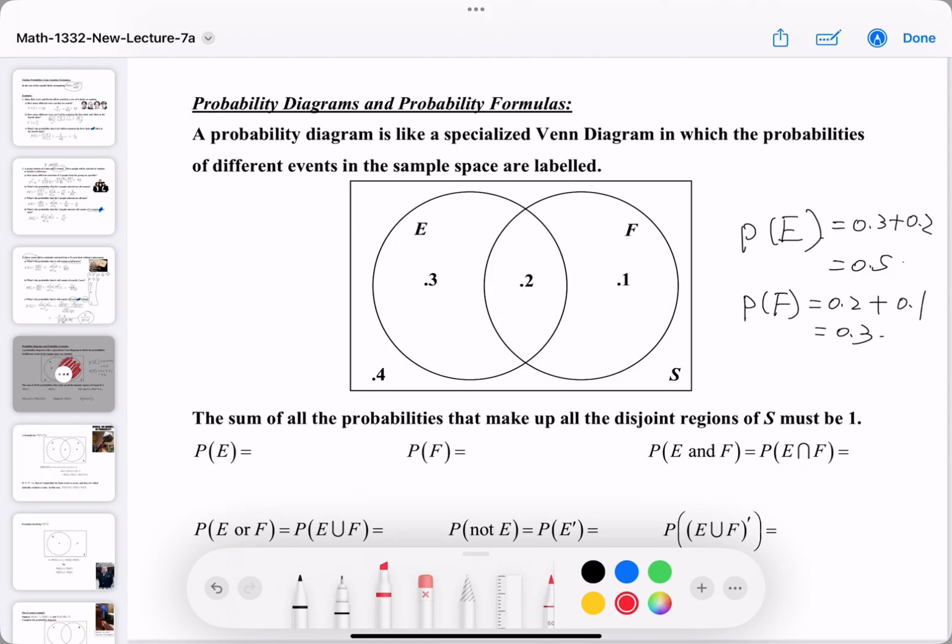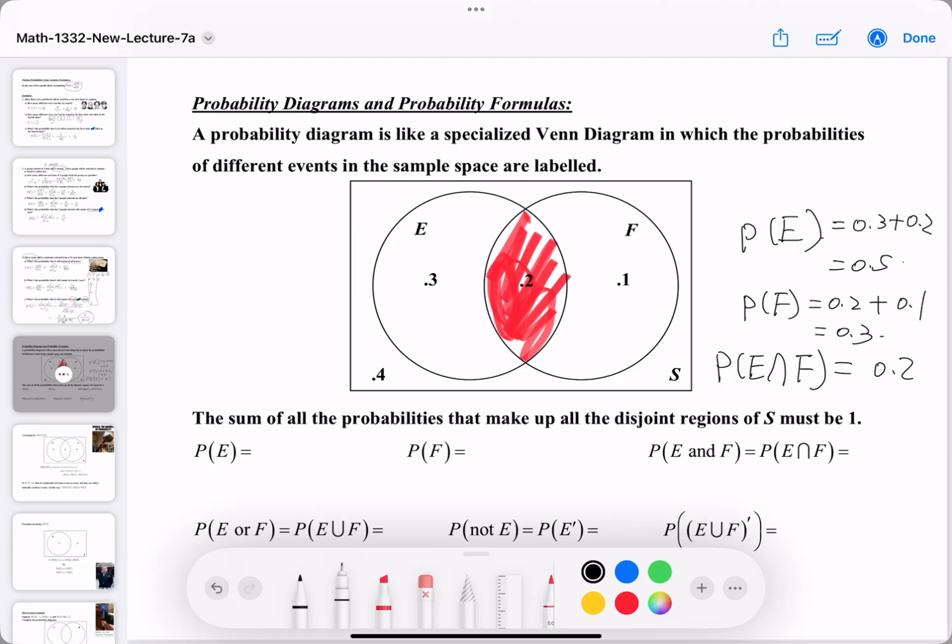This is P of E and F, an intersection. This section means E and F happened at the same time. So the probability is 0.2.